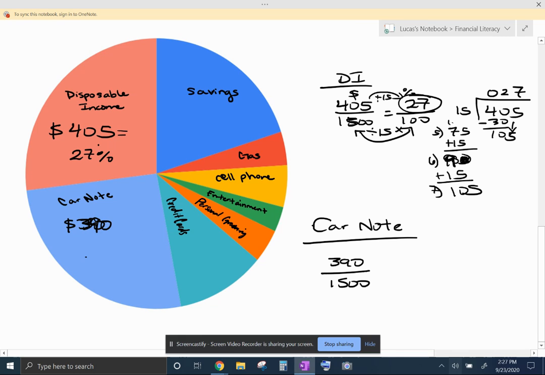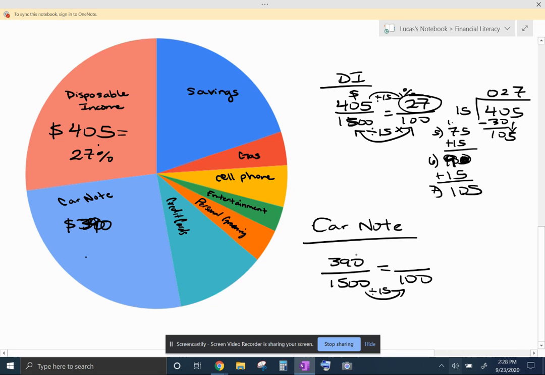If the car note is $390, ask yourself, would that be greater than 27% or would that be less than 27%? You got it. It should be less than 27% because 390 is less than 405.